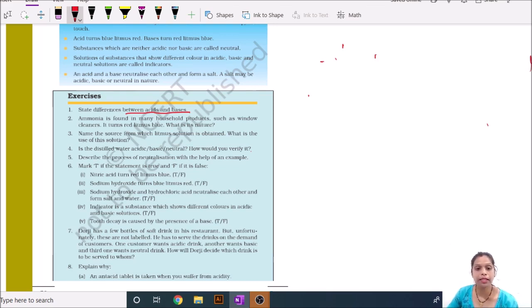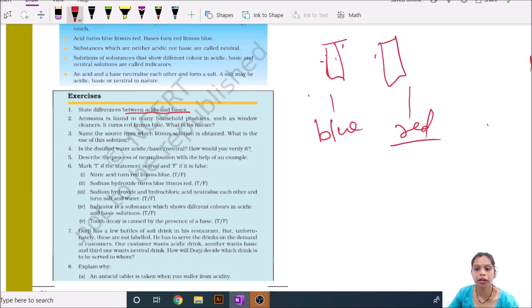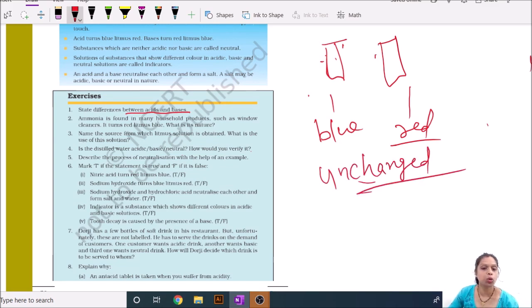For knowing that, we take litmus paper, one blue and one red. When we put blue and red litmus paper into distilled water and the color remains unchanged, then it shows that this is distilled water.